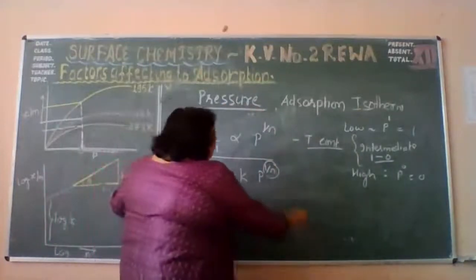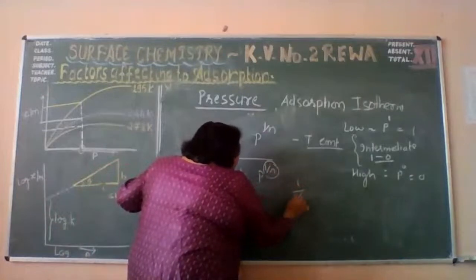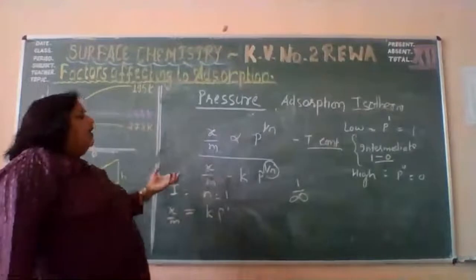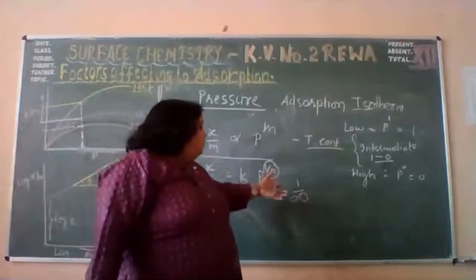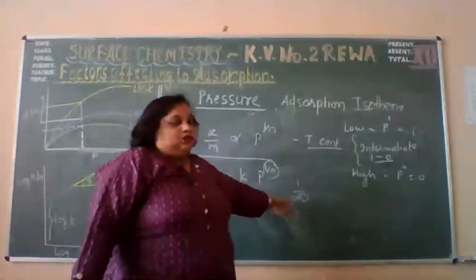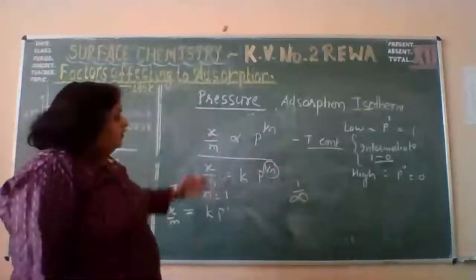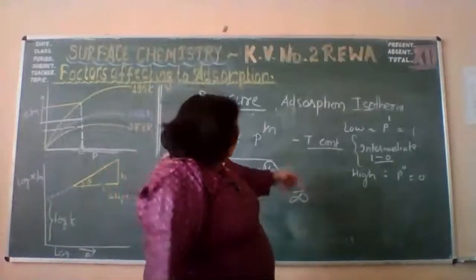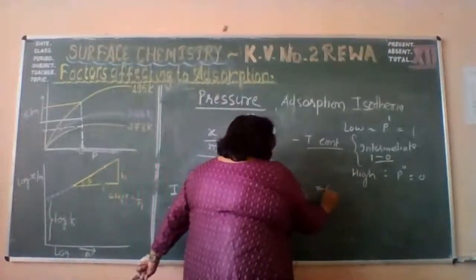If any quantity, 1, is divided by infinity, what will be its value? Generally, in most of the books, you will find that they simply write its value 0. No, it's infinity. Whenever you divide 1 by infinity, the value comes to 0.